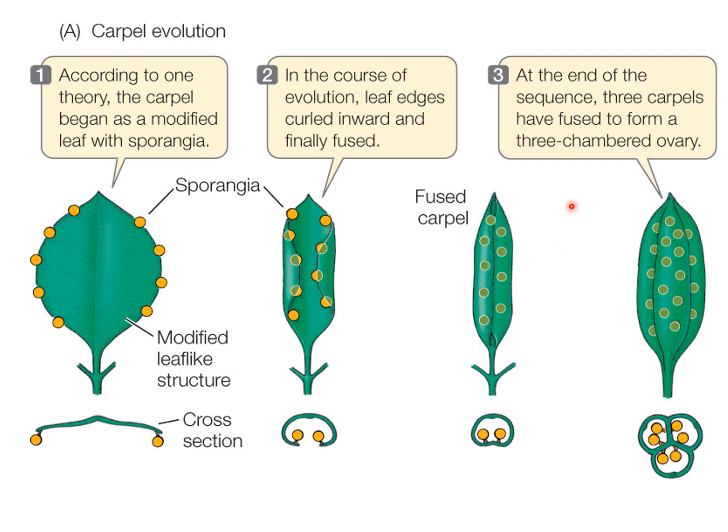So at the end of the sequence, 3 carpels have fused to form a 3-chamber ovary. This is 1 chamber and this is 3 chambers. If 3 modified leaf-like structures fold inward and fuse together, it means that this is the 3 carpel.